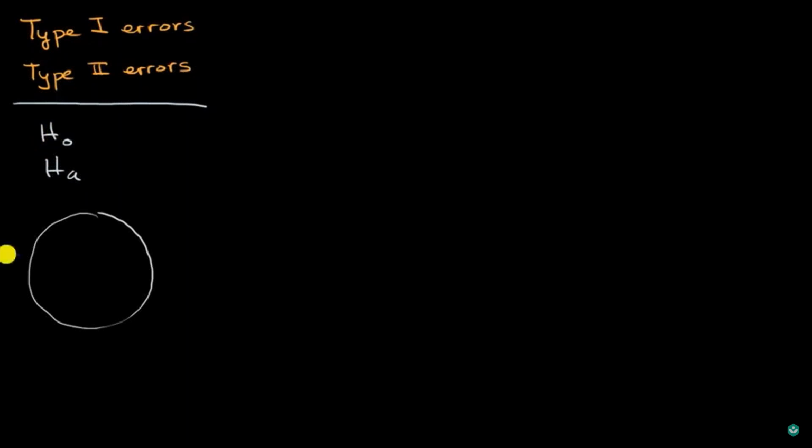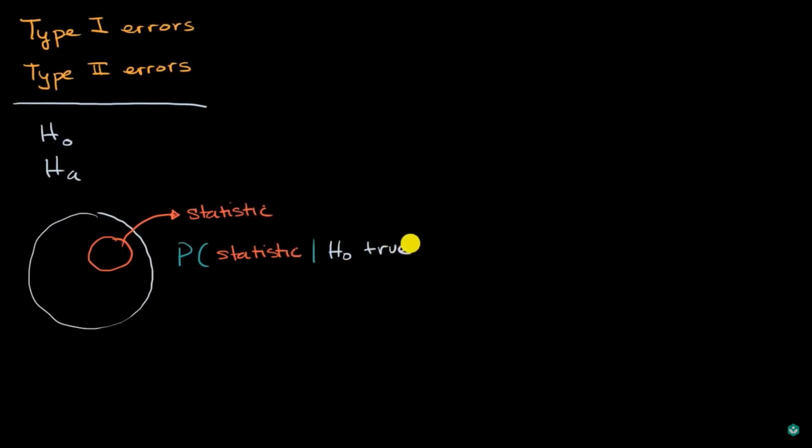We take a sample from this population. Using that sample, we calculate a statistic that's trying to estimate the parameter in question. And then using that statistic, we try to come up with the probability of getting that statistic that we just calculated from that sample of a certain size, if we were to assume that our null hypothesis is true.